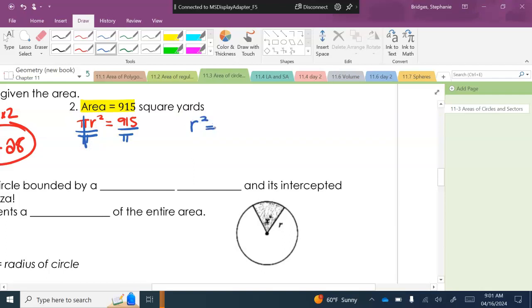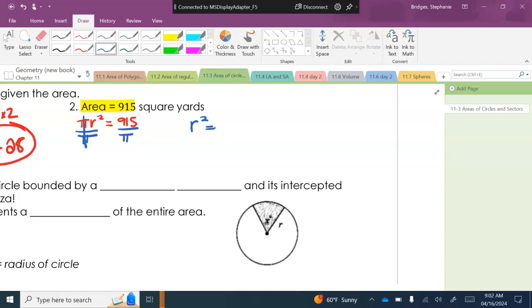You need your calculator. Do 915. Everybody put 915 in your calculator. And then hit divided by. And then does everybody see that pi symbol? Okay, hit that pi symbol. We should be following these instructions in the calculator. 915 divided by that pi symbol, and then hit equals.